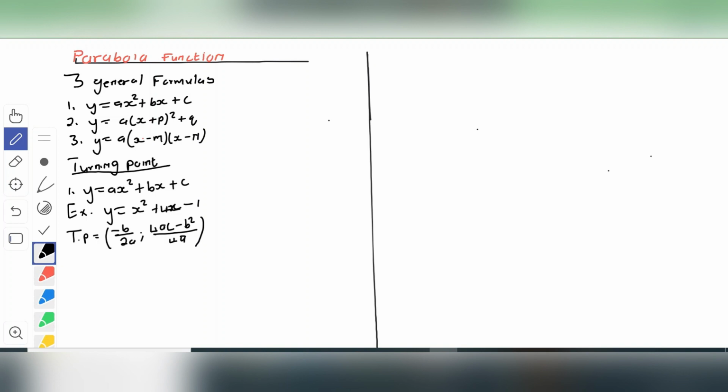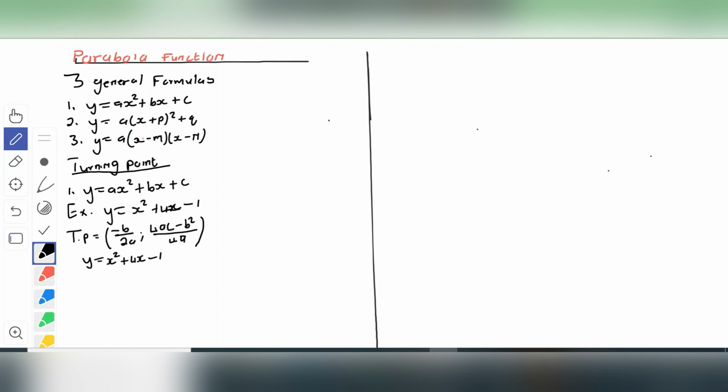I know some of you are busy asking, what is a? What is b? What is c? How are we going to calculate it? Don't worry, guys. If we check the first equation, we have y equals ax squared plus bx plus c, and now we are given x squared plus 4x minus 1.